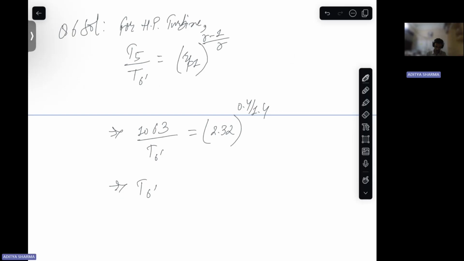T6 dash will be 1063 divided by 2.3 to the power 0.4 divided by 1.4.